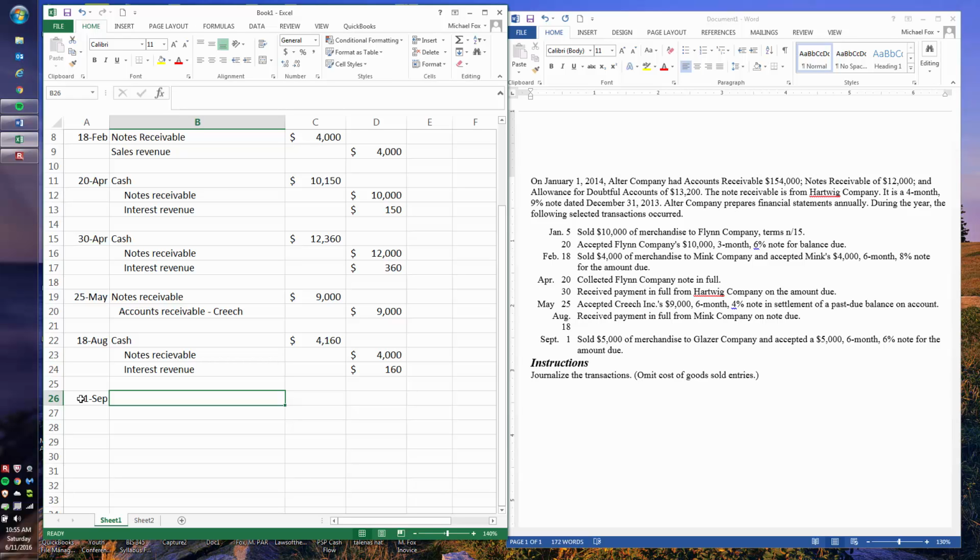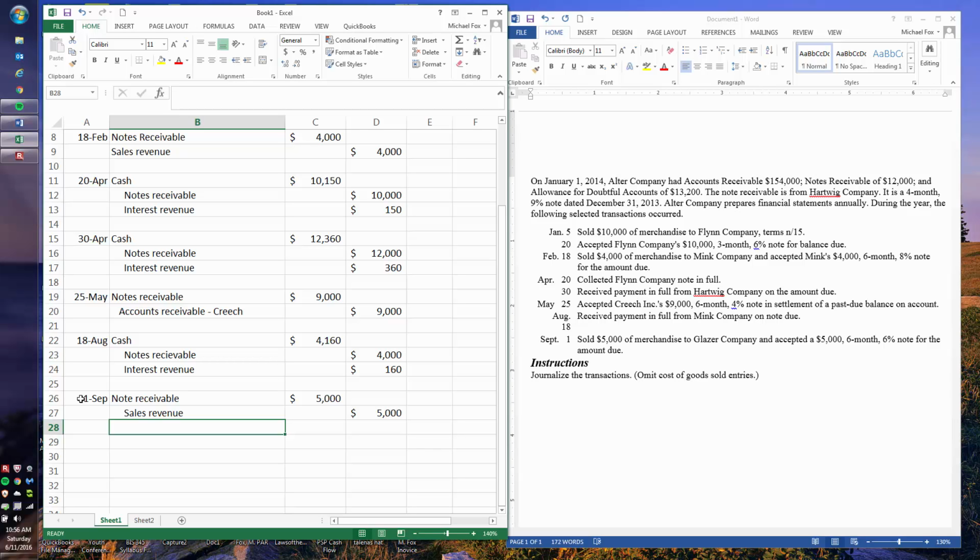So we're going to record accounts receivable in Glazer, and that will be $5,000. Oh, I'm sorry, was it an account or a note? Oh, it was a note receivable, sorry. So that's a note receivable. And then we'll record the sales revenue. And that's it. So that's the whole problem.